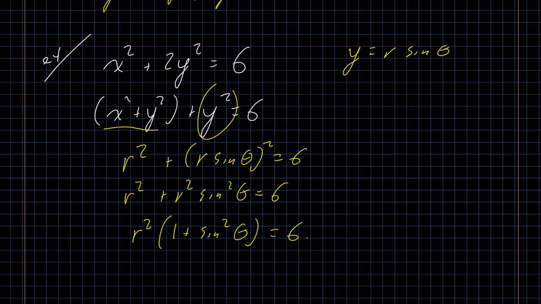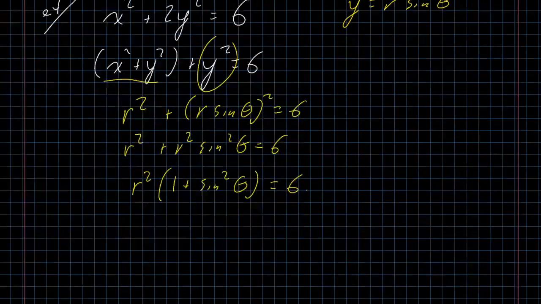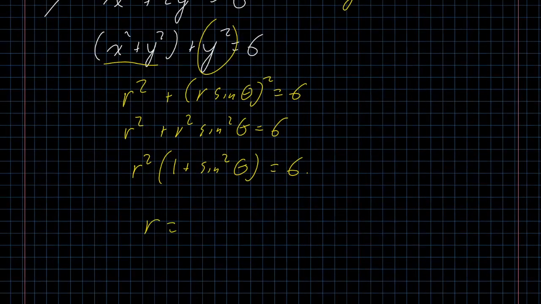R squared times 1 plus sine squared of theta is 6. And I guess usually we write polar equations as r equals something, so I can go ahead and play some rearranging games on this. And I'll get that r is the square root of 6 over 1 plus sine squared theta.